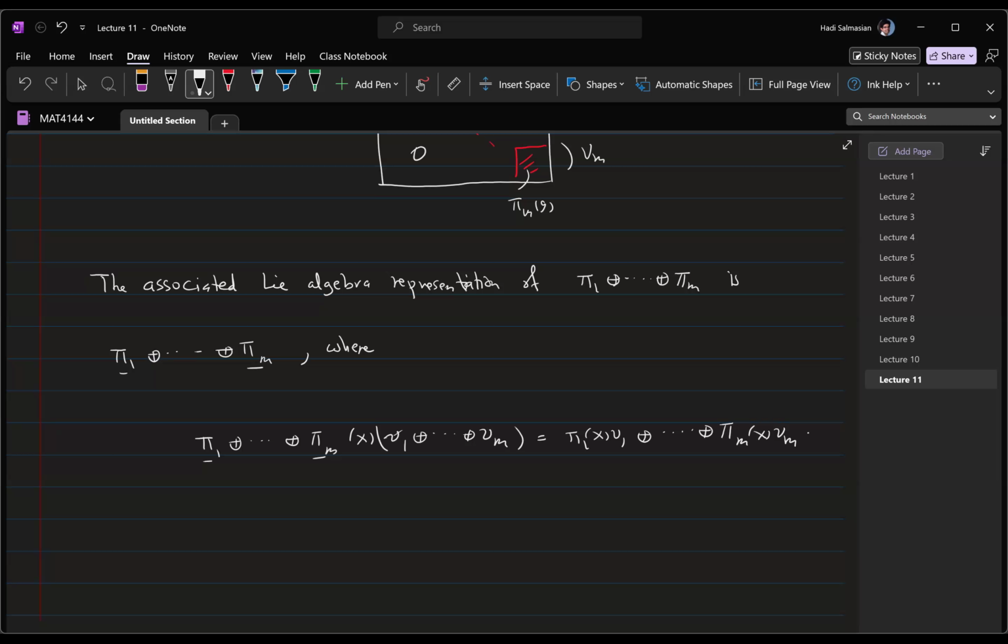How many people are familiar with the concept of a tensor product? You're familiar with tensor products? Vector spaces only. Yeah. I know a little bit about vector spaces, I read about the definitions but I haven't used it a lot.